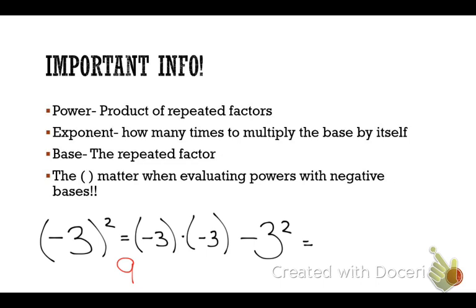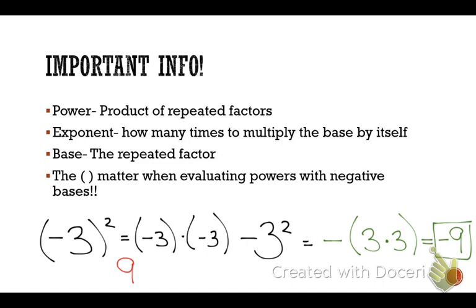It means negative 3 times 3. Essentially you're evaluating the exponent as if the negative is not there, so 3 times 3 is 9, and it's negative. So when the base is negative and it is not in parentheses, the answer will be negative every time.